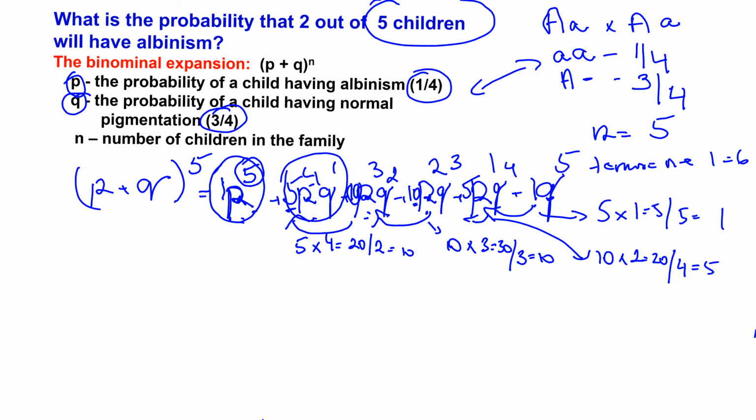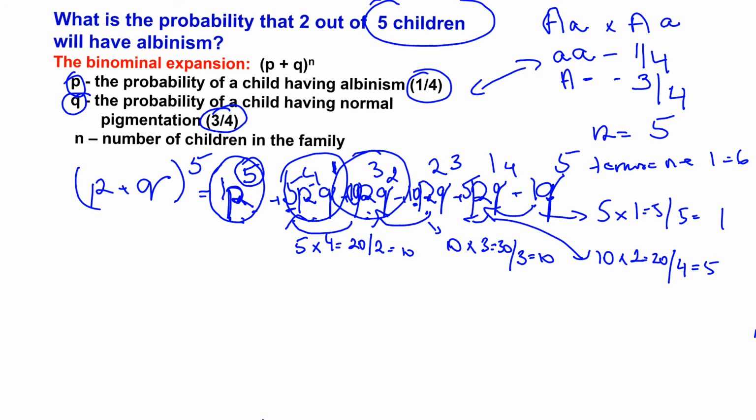Let's look at the third term, where we have P to 3 and Q to 2. Under this scenario, the probability of having an albino child is P, so 3 children will be albino and 2 will have normal pigmentation, because Q is normal pigmentation. So which term is ours?